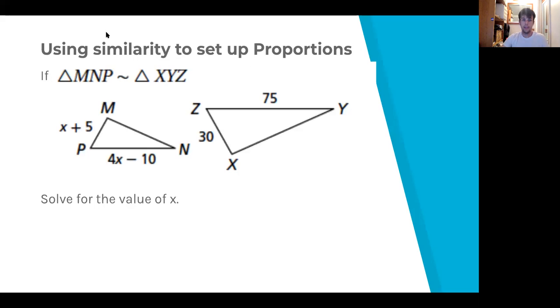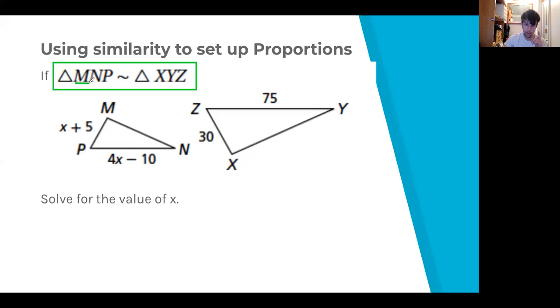All right, and then the last problem for this part, we have using the triangle similarity statement to set up the proportions. So in this case, we know that these two triangles are similar. And in fact, we're given a triangle similarity statement. Very useful. Remember, for that last side we just looked at, this gives us a lot of information.